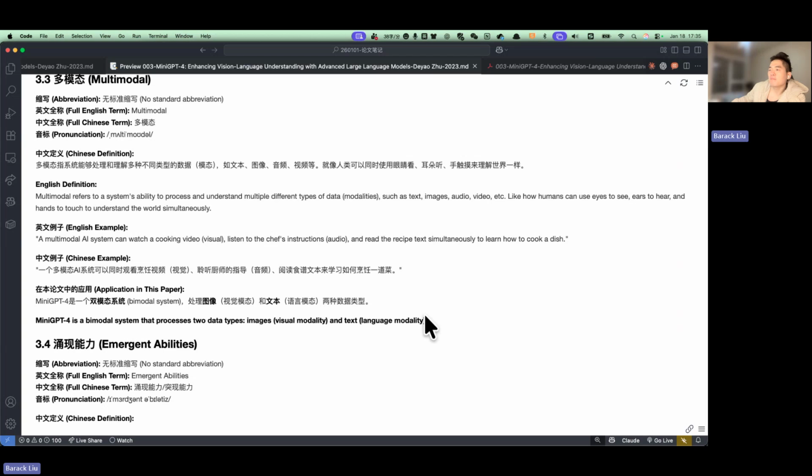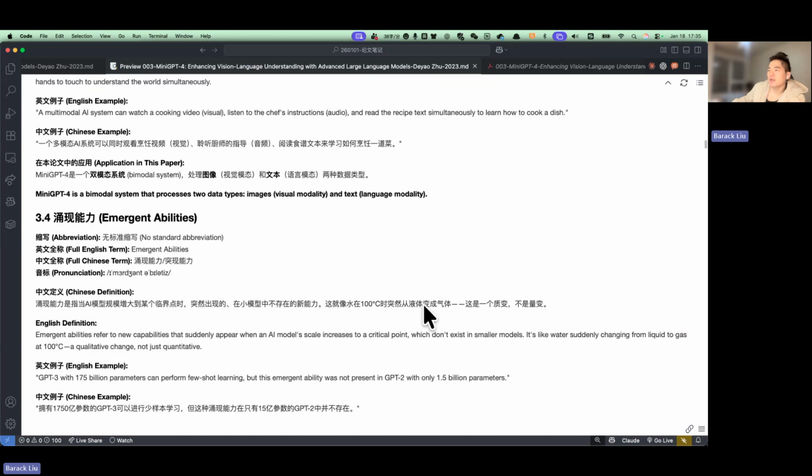MiniGPT-4 is a bimodal system that processes two data types, images and text. Emergent ability. Emergent ability refers to a new capability that suddenly appears when an AI model's scale increases to a critical point, which doesn't exist in smaller models.